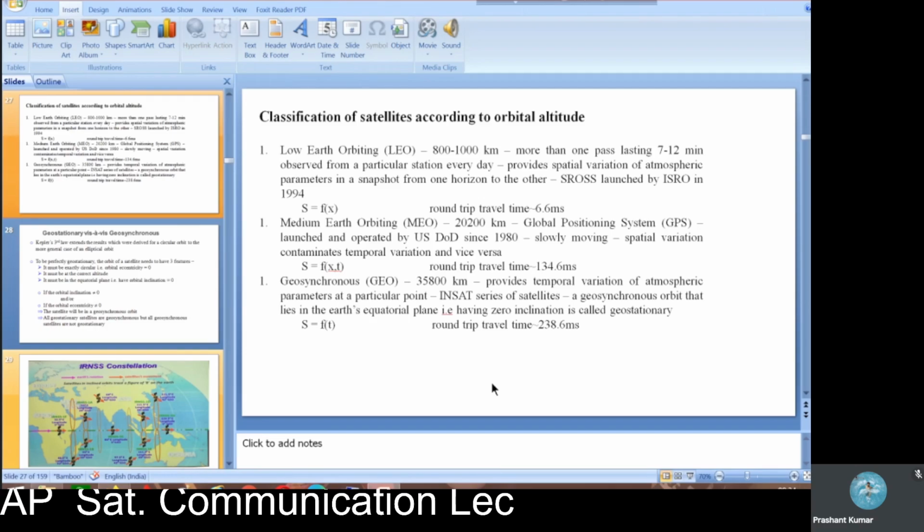So what we can understand is that, did you get this point? That means because the round trip travel times are of the order of maybe few to a few hundreds of milliseconds, and because these signals are traveling with the free space velocity of light, an error in time measurement by even 1 millisecond may result in some kind of an error in satellite communication.